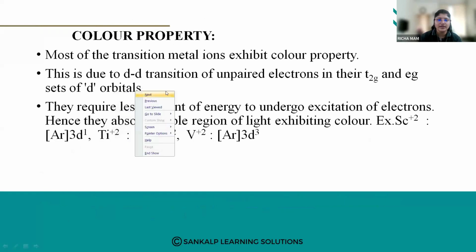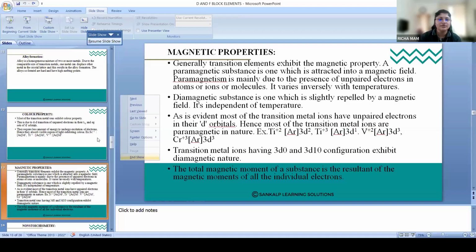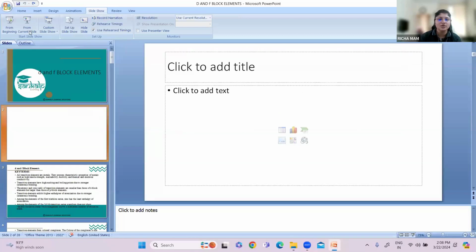I'll show you one example of how to calculate the number of unpaired electrons. Suppose I have scandium plus 3. Can you tell me the number of electrons in scandium when it undergoes plus 3 oxidation state?